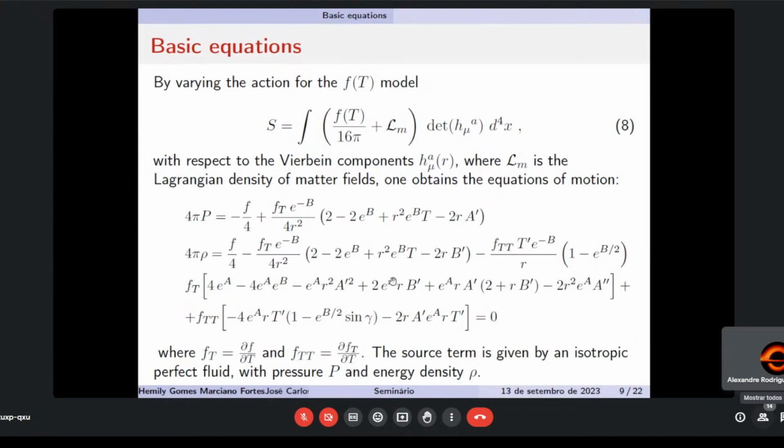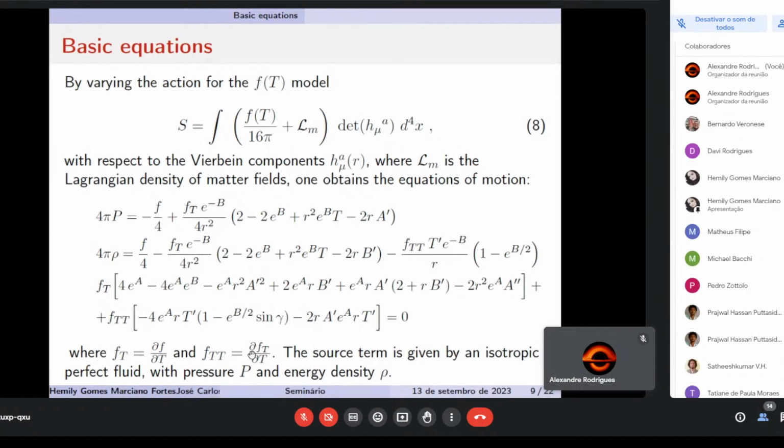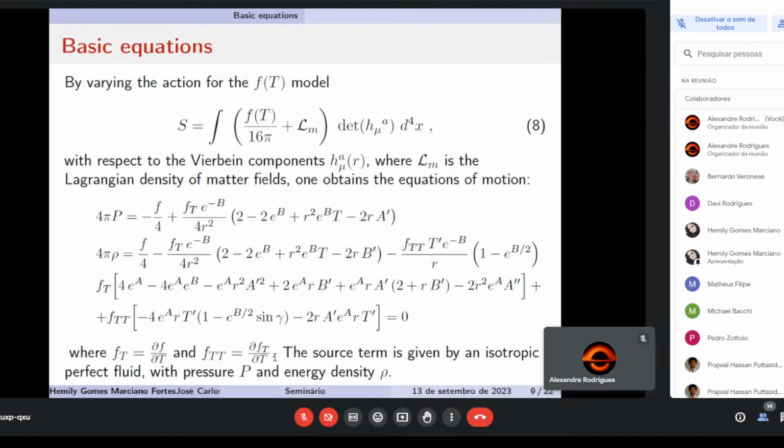So here we have this F_T, F_TT, for example, and these are the partial derivatives of the function we are choosing here. And there is a misprint here, it is the second derivative of F.